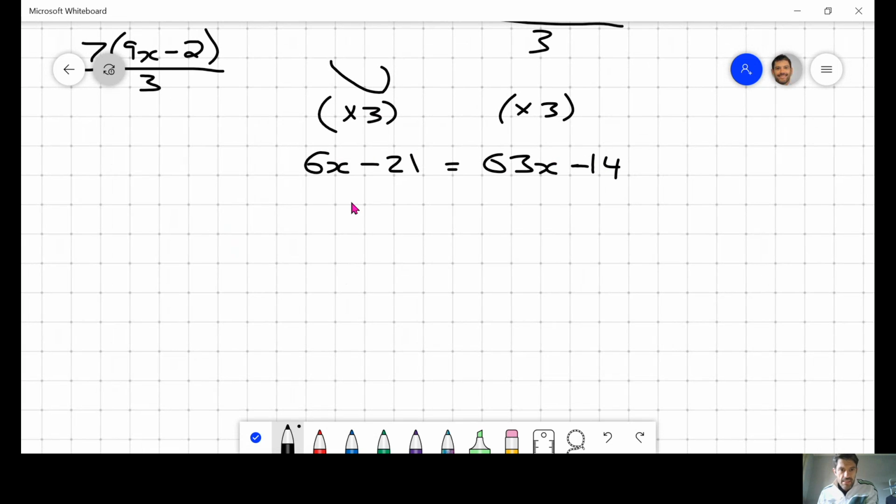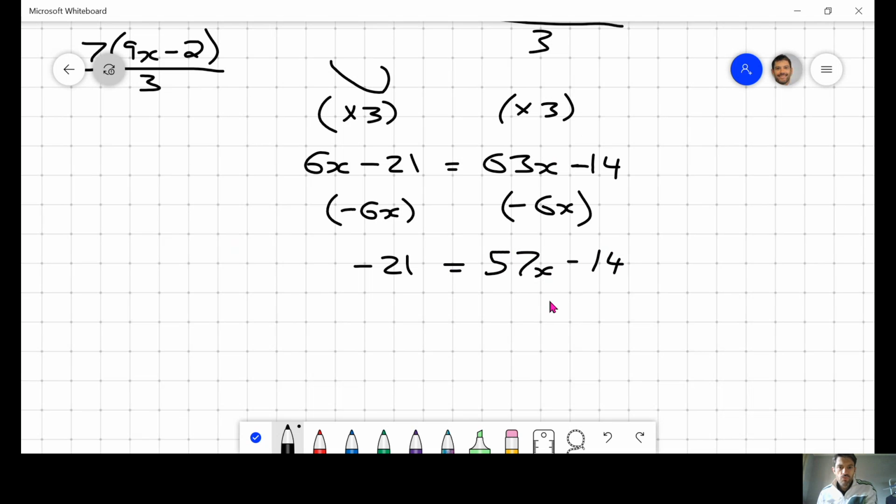So the smaller number of x's is 6x. So we take away the 6x. Take away the 6x. Negative 21 equals 57x minus 14. Get rid of the 14. Be careful when you're doing it. A negative and a positive. 57x looks prime, but it's not.